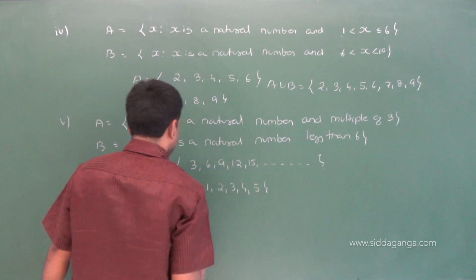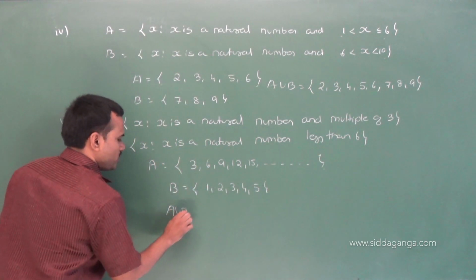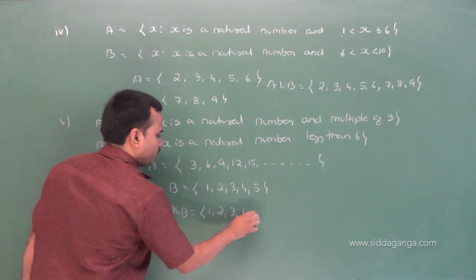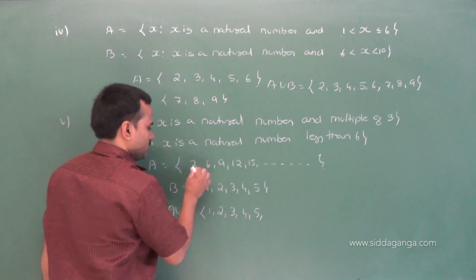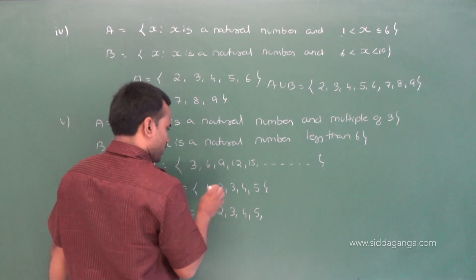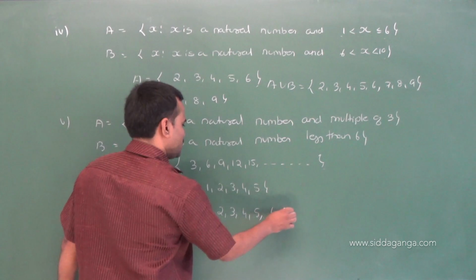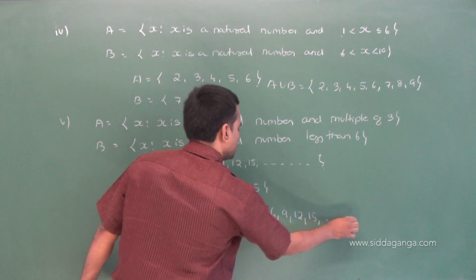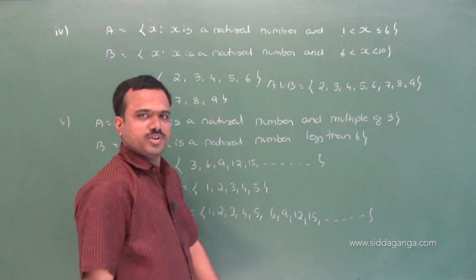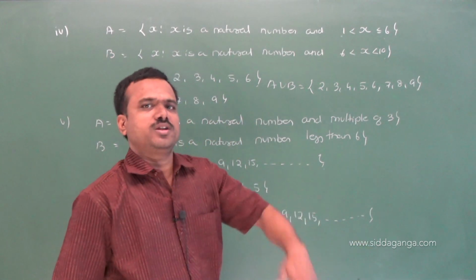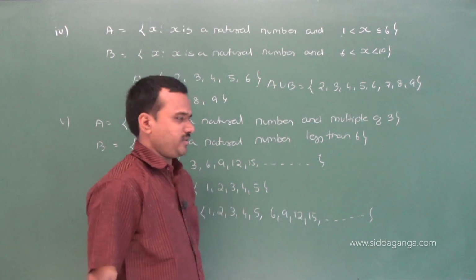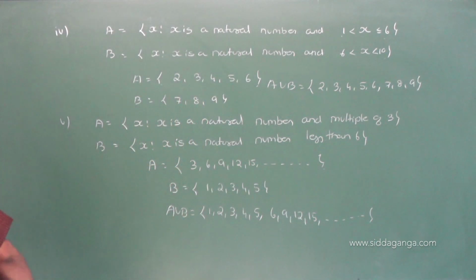Then A union B is 1, 2, 3, 4, 5, and the rest 6, 9, 12, 15, 18, 21, 27, 30, multiples of 3. Next question.